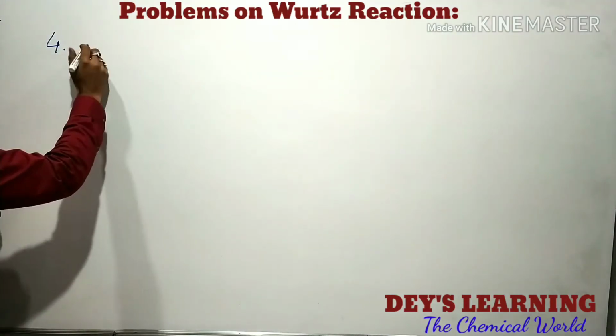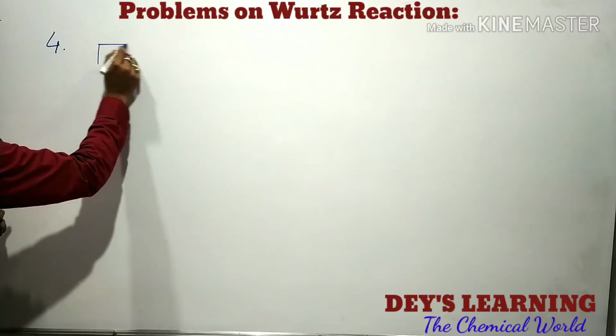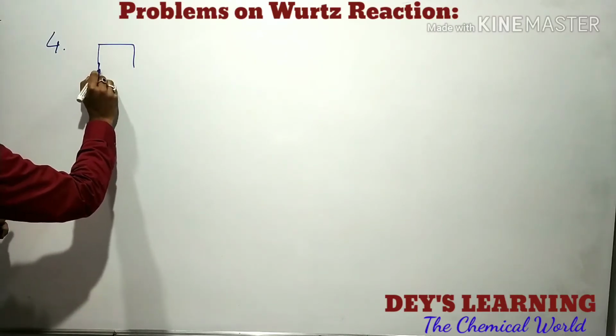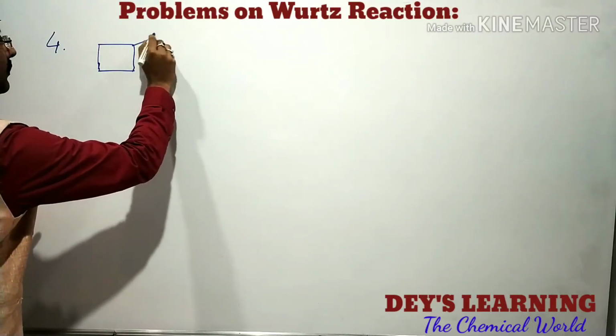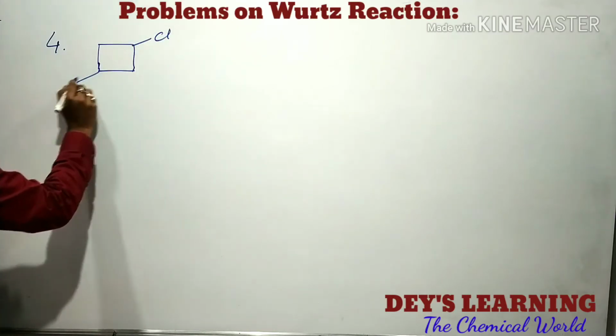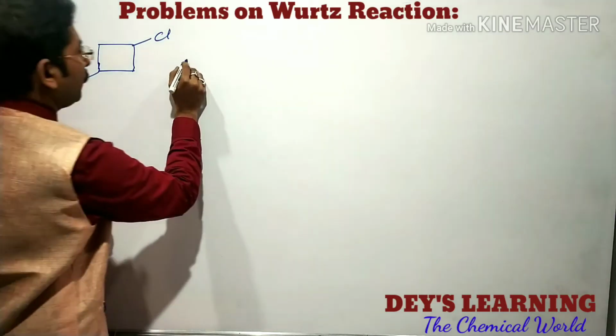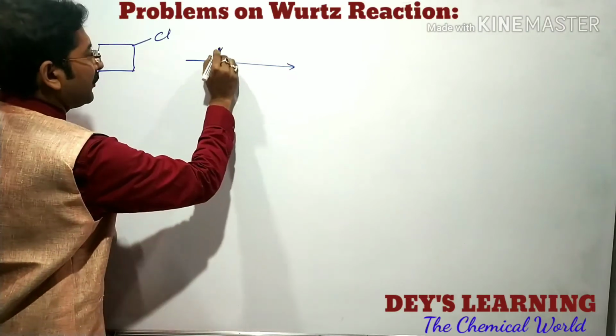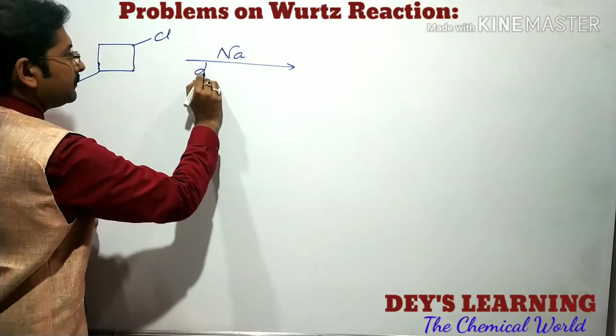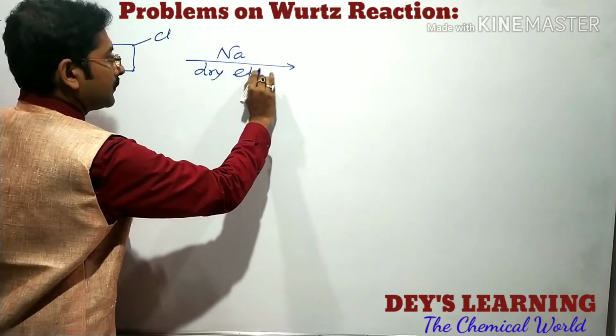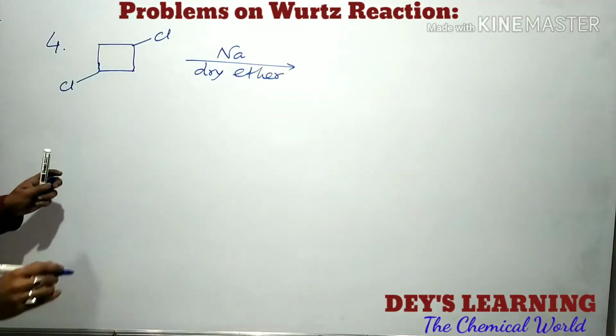If we have a molecule like this, one is chlorine, this one is chlorine. If we treat this molecule with sodium in dry ether medium, what will happen?